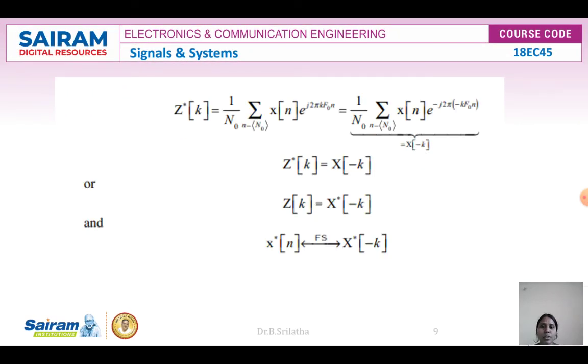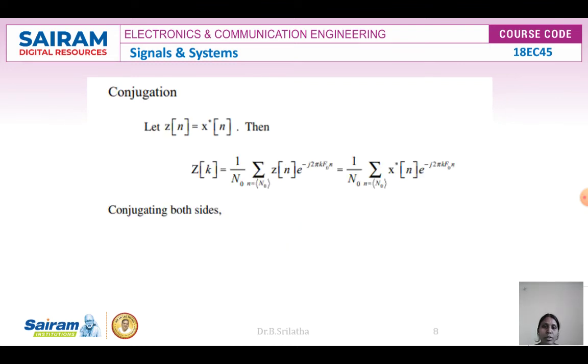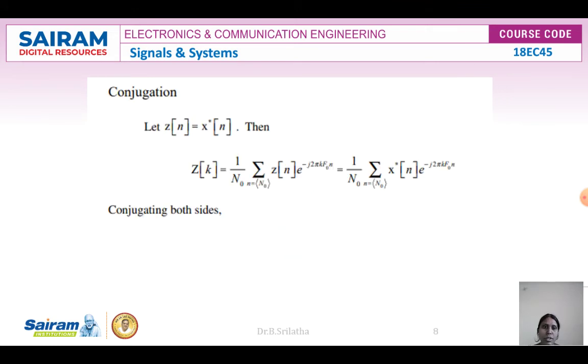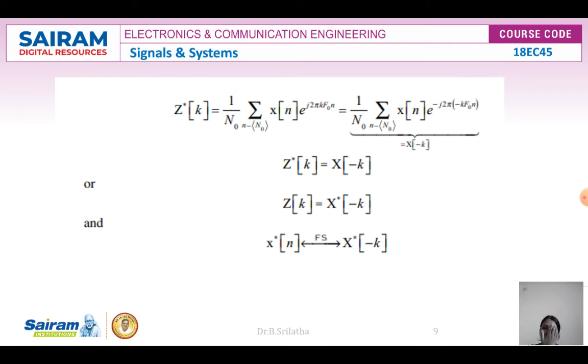If we take the conjugate on both sides, x conjugate of k is equal to 1 by N times the summation, where the conjugate cancels out and we get x of n. So the same thing here we get x of n. The general formula should have a minus sign, so I multiply with e power minus j 2 pi, and inside I write minus k.